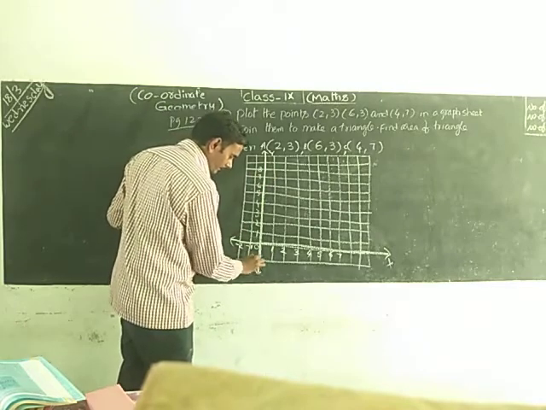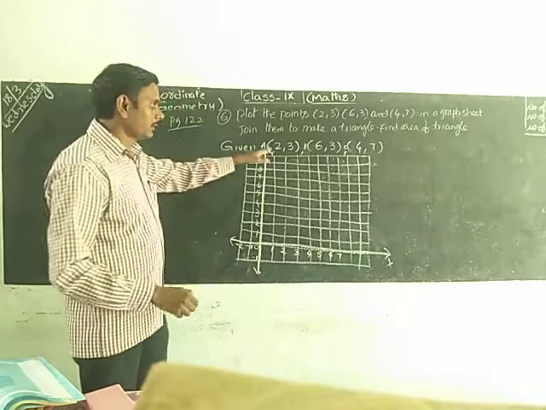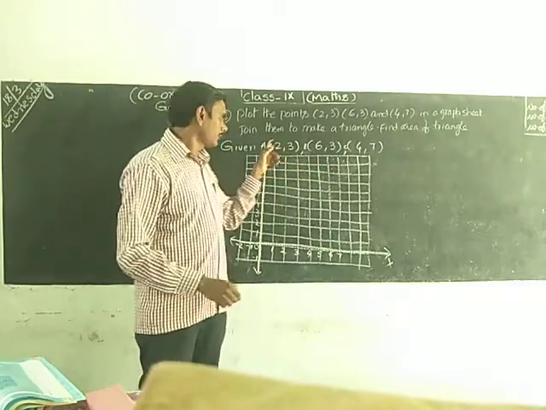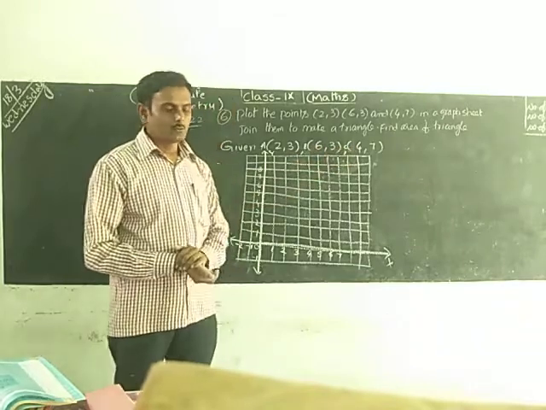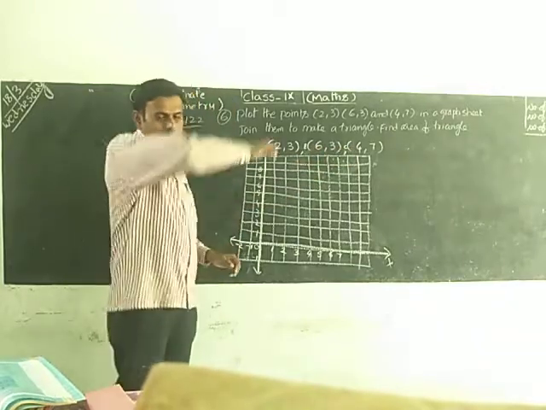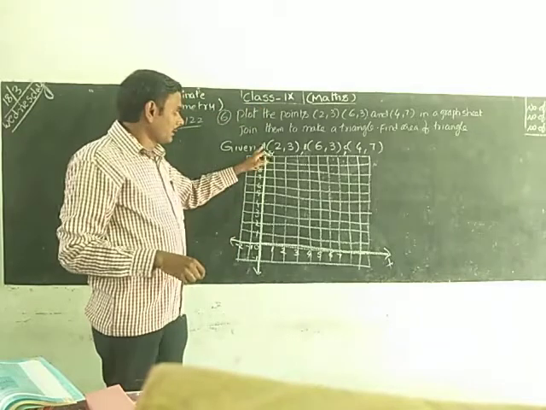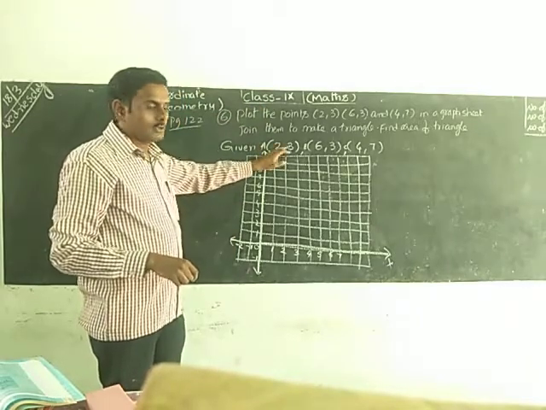This is -1. Now we have to plot A, B, C. We take the first point as A, second point as B, third point as C. Now plot the points on the graph paper. A is (2, 3).